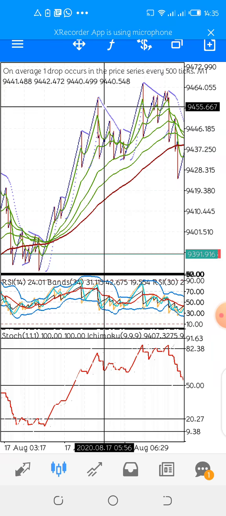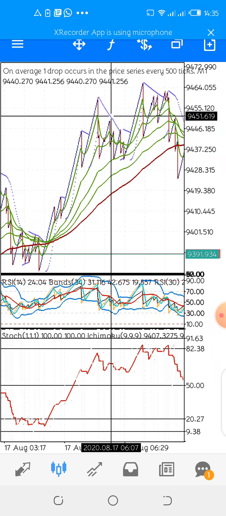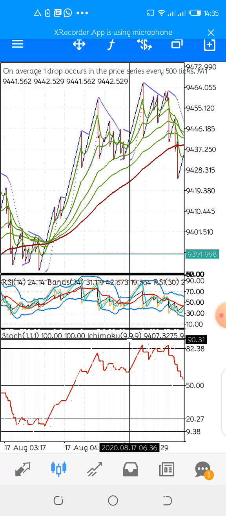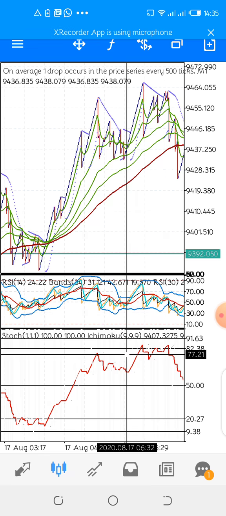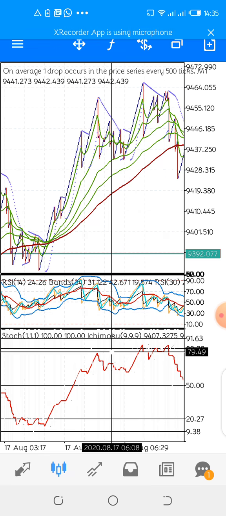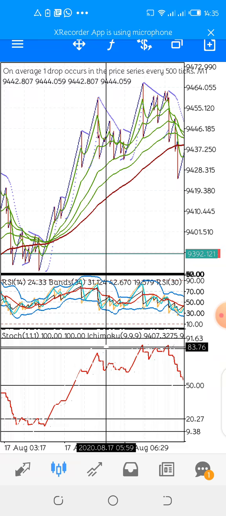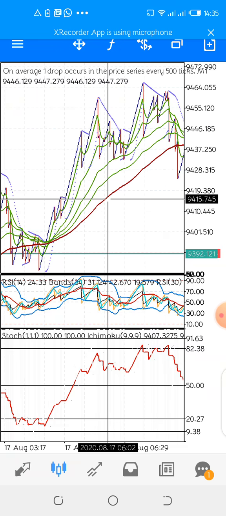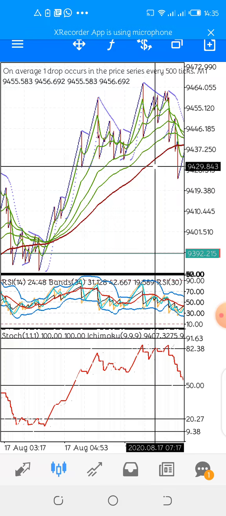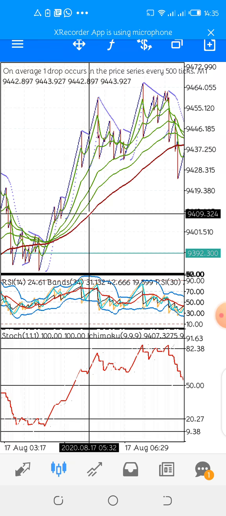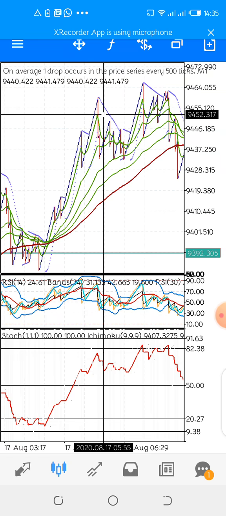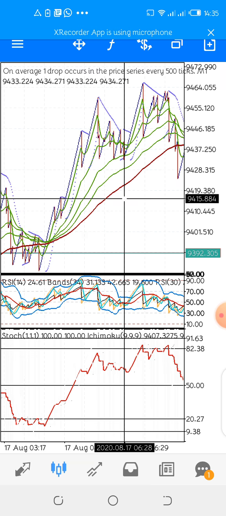So if it was really a massive reversal, of which on our Ichimoku here, it was showing at that time overbought, so it is supposed to reverse back. But since our moving average 300 is below us, the market does not have the strength to come down in spikes.